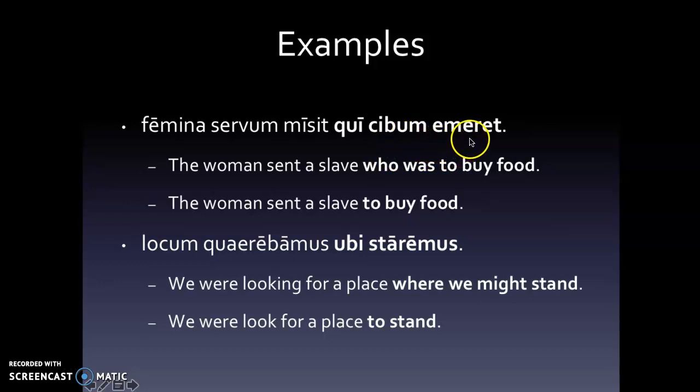But notice that this is not an indicative. This is not indicating what happened. This is not stating a fact. As far as we know, the food was never actually bought. So you cannot translate this as the woman sent the slave who bought the food. We don't know if the slave actually bought the food. We just know that the reason why the woman sent the slave was to buy the food.